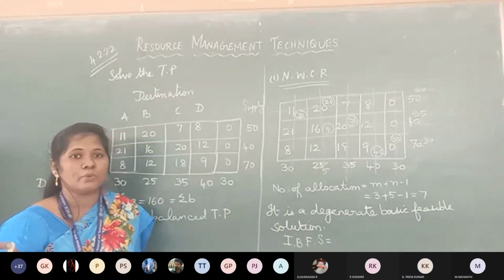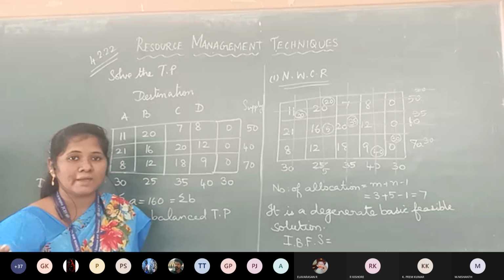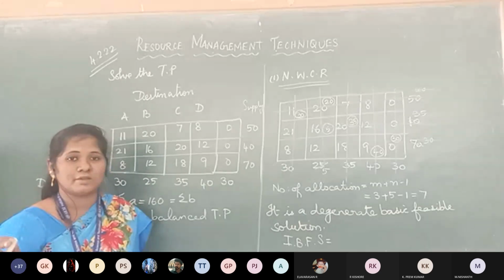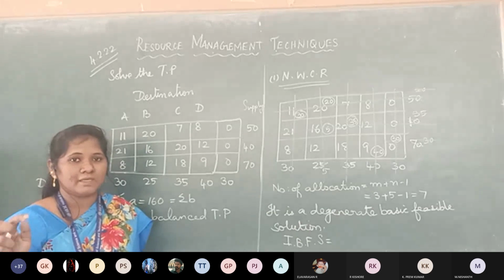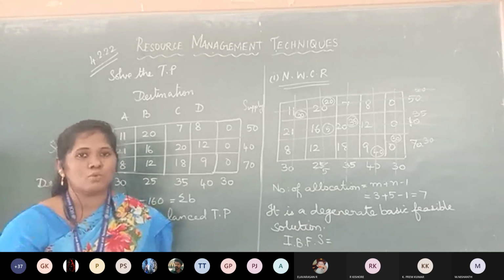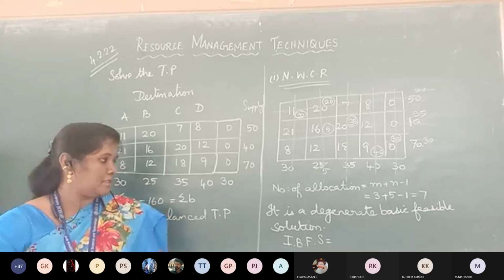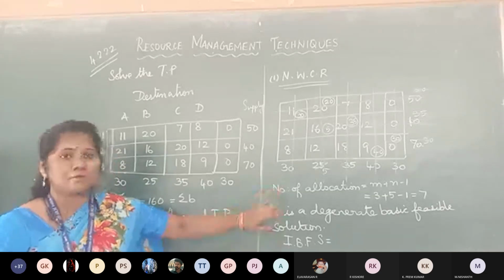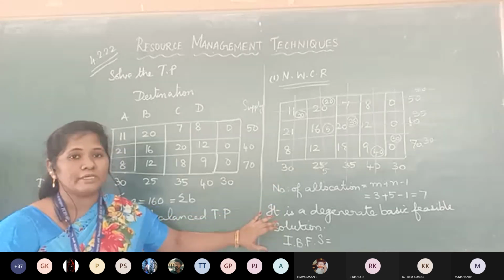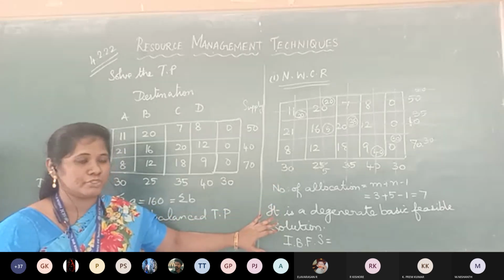But till now, the allocation was the same, so you did it directly. If it is the same, then it is called a non-degenerate basic feasible solution. That is the point which I didn't tell you, so make a note of it. If the number of allocations is less than the formula, then it is called a degenerate basic feasible solution.